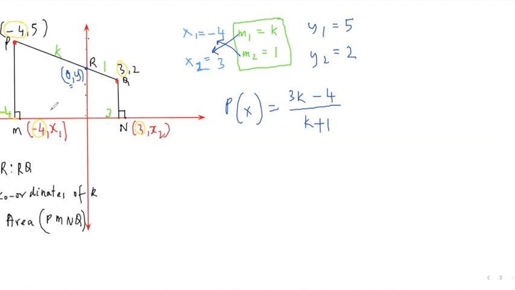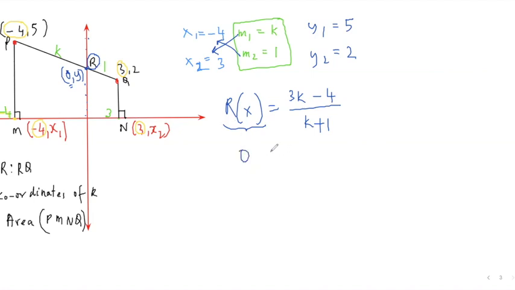The y coordinate, of course, will be something, will be y. Is that okay? Yes, sir. So for that reason, the x coordinate of this point R, whose coordinates we are trying to find using the section formula, R of x, I should be saying.